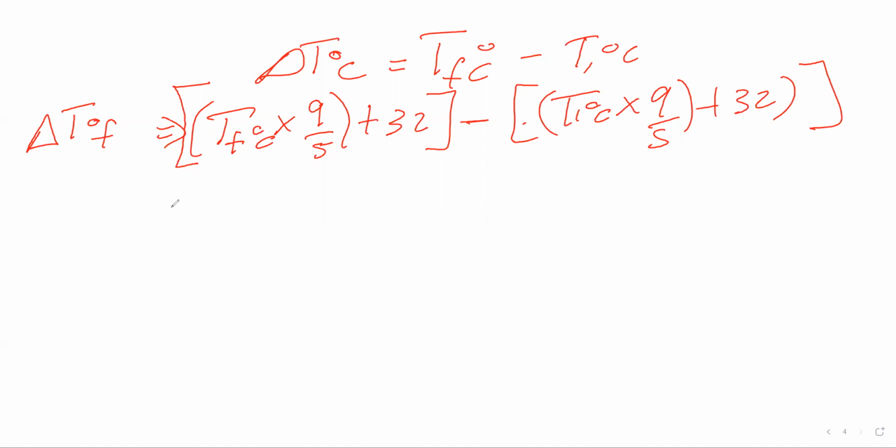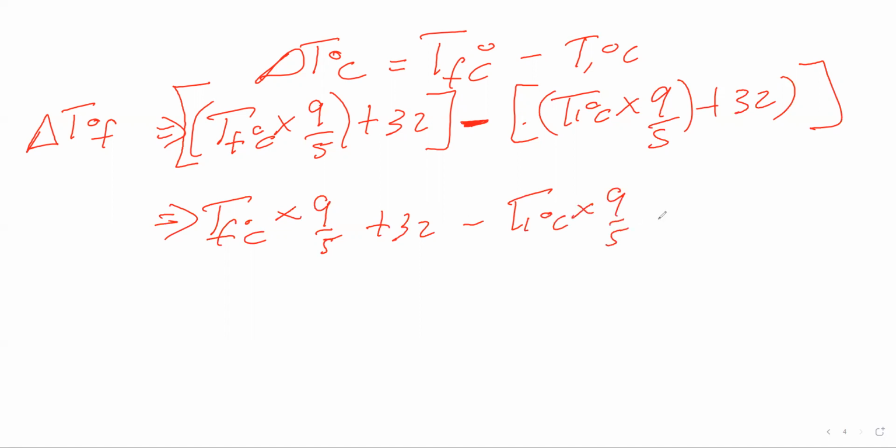So this becomes, I could distribute the minus sign in here. So it becomes T final in degrees Celsius times 9/5 plus 32 minus T initial in degrees Celsius times 9/5, minus 32.